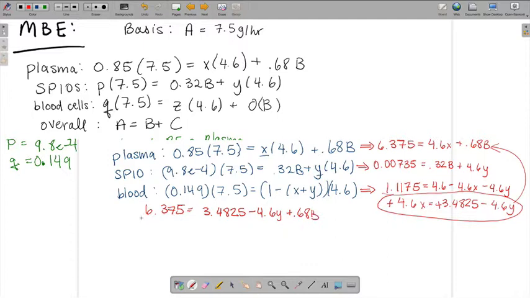And then we also know that 6.375 minus 3.4825 is equal to 2.8925. So let's go ahead and substitute those values.